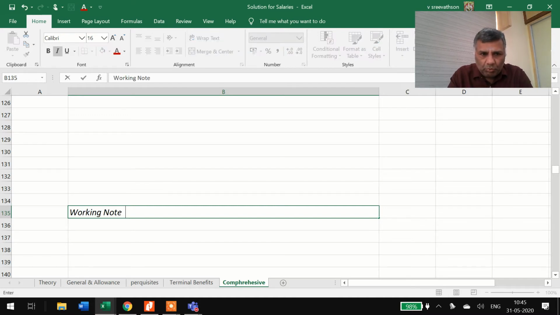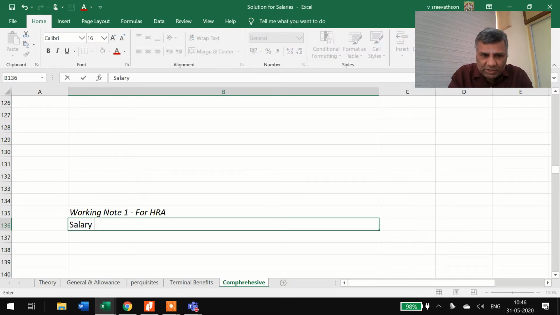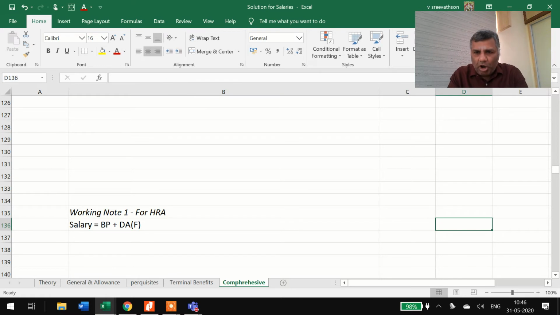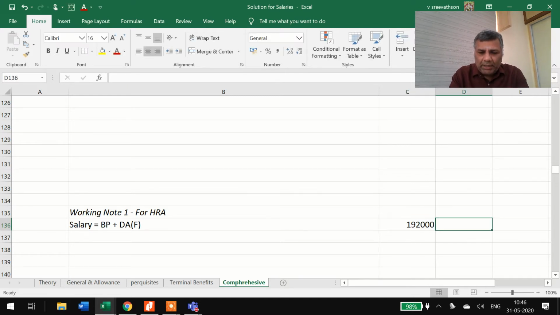Working note 1 for HRA. My dear friends, salary is equal to basic pay plus DA forming part. We all know in this question basic pay is 16,000 into 12, 1,92,000.